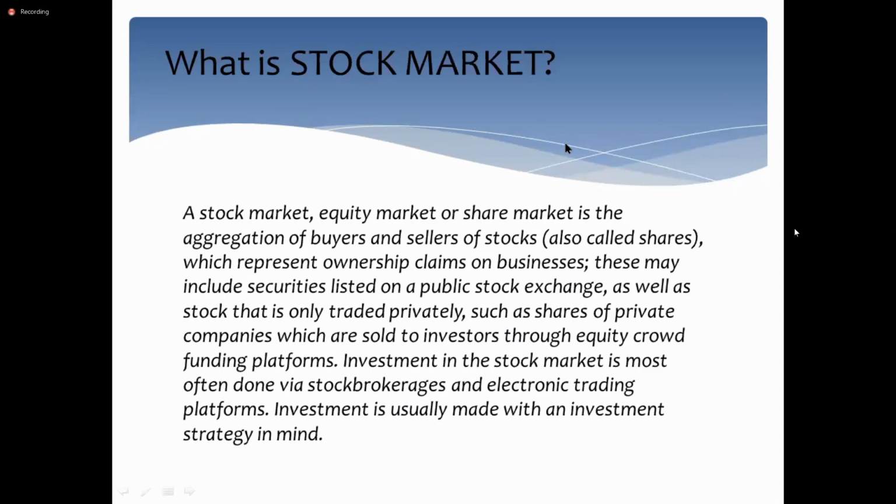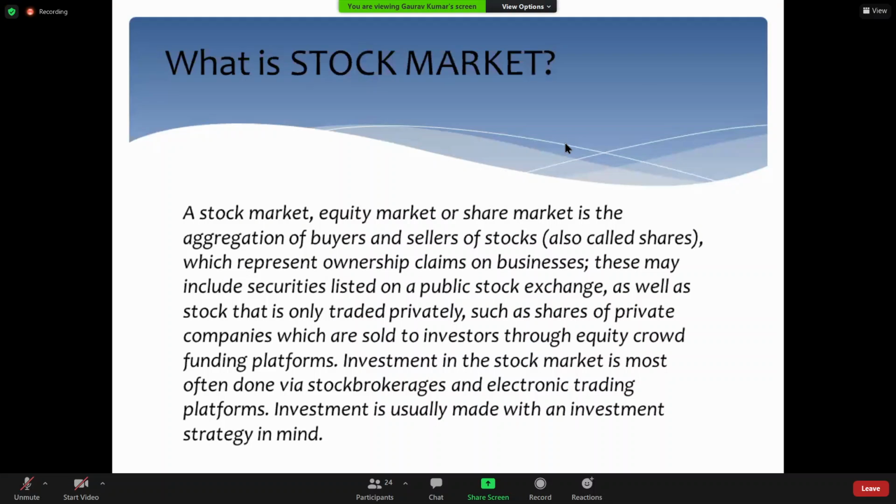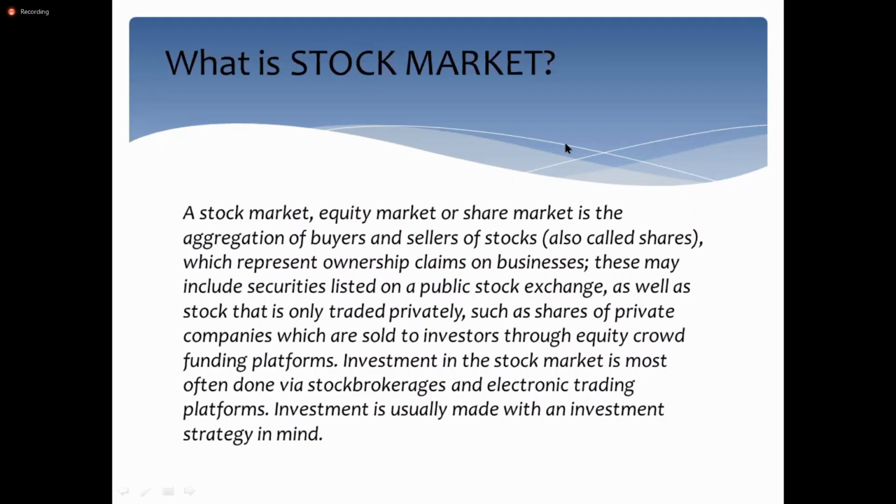So, what is the stock market? People give so many definitions of the stock market. It is an aggregation of buyers and sellers of stocks, also called shares, which represent ownership claims on a business. In simple layman terms, the stock market is a tug of war.